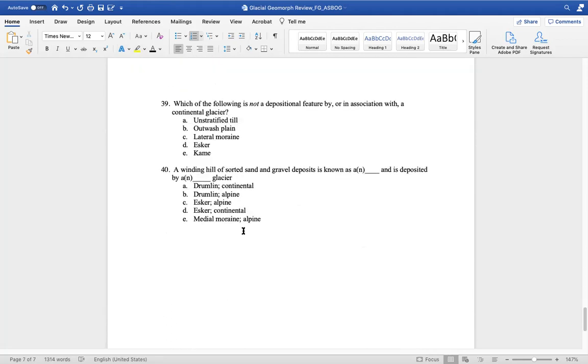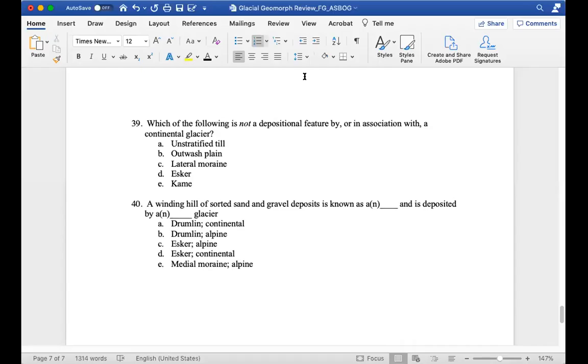All right, last two. Which of the following is not a depositional feature by or in association with a continental glacier? Unstratified till, outwash plain, lateral moraine, esker, or kame. So eskers, outwash plains, and kames are all depositional features in continental glaciation.